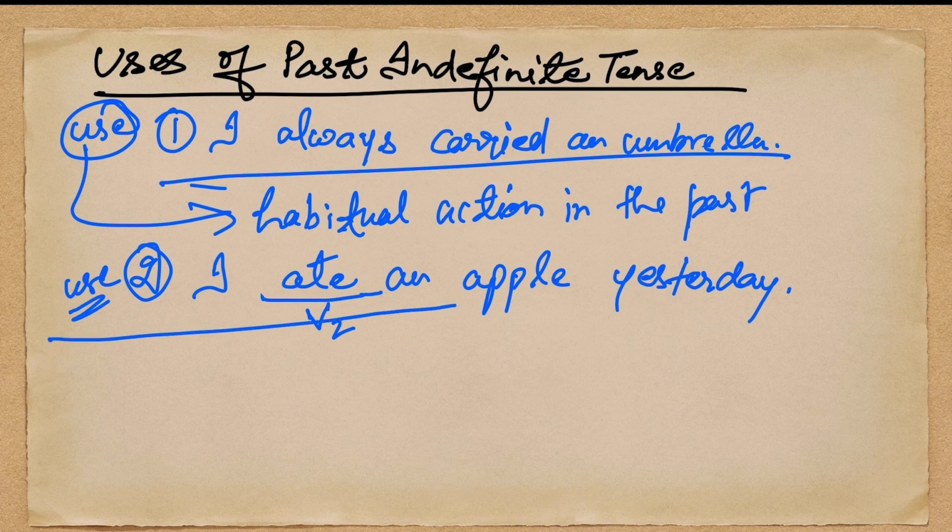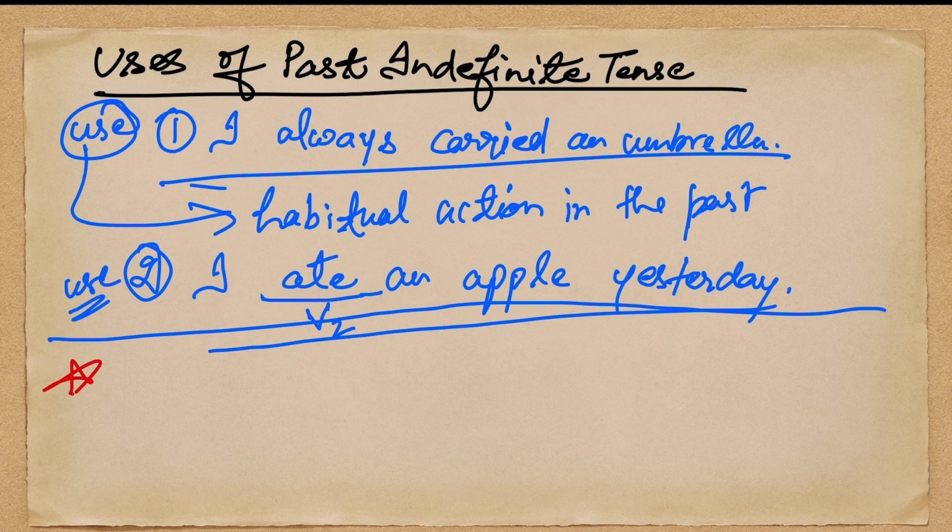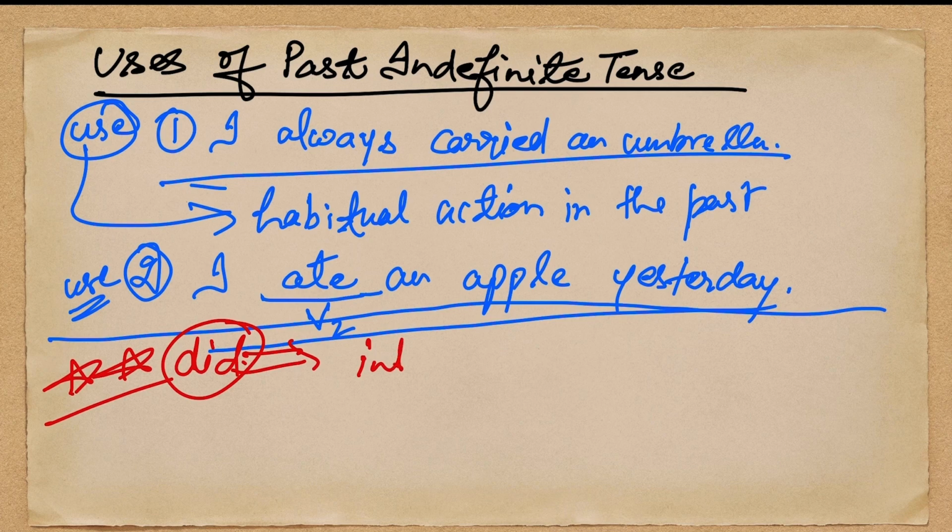Now, what is the difference? Now you have to understand carefully. This is important. We use did. So how to use did? Did is used to make the sentence interrogative and negative.